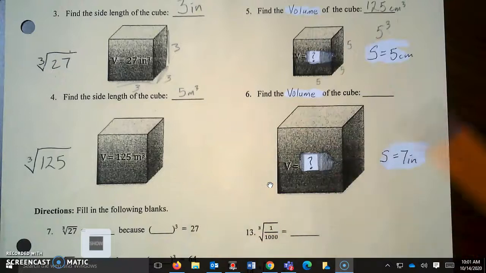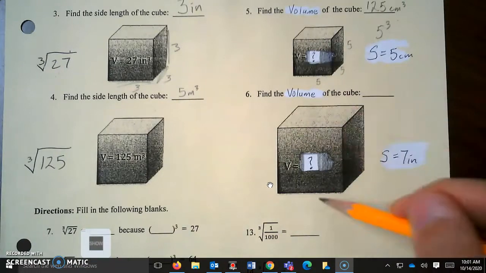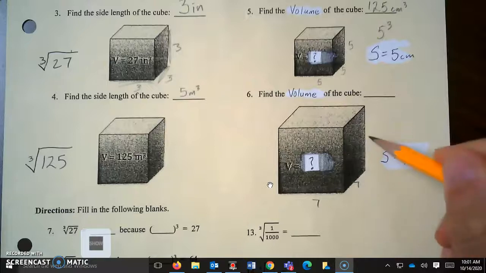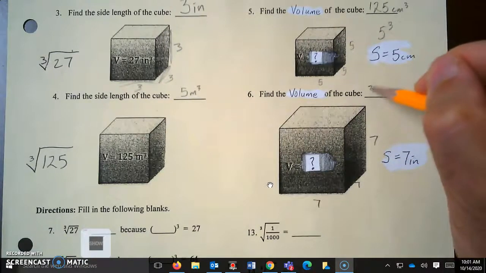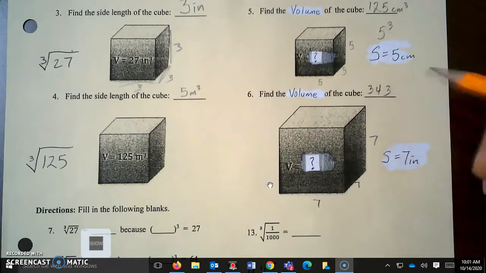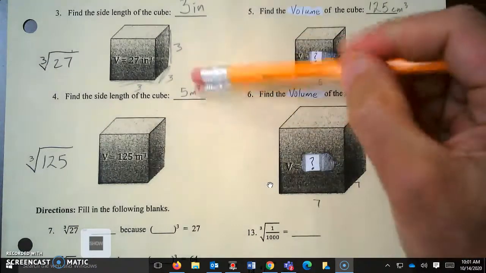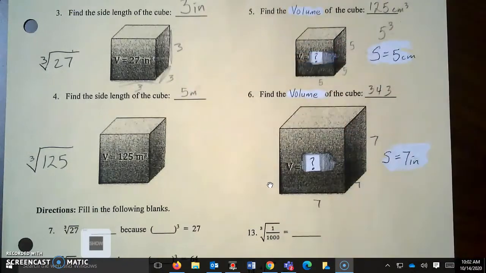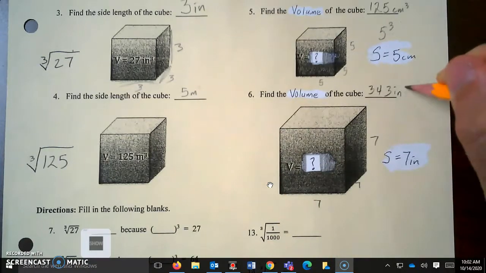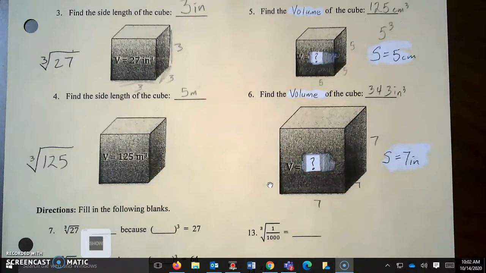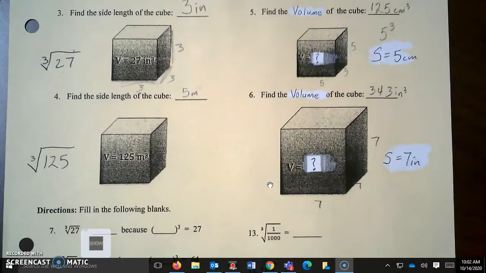This one, I know the length of the side is 7, and feel free to label things if that helps you. 7 times 7 times 7 is 343. Oh wait, that should not be cubed right there. Back I go. Just the length of the side. Sorry. When you're dealing with volume, the units are cubed. If not, they are not.